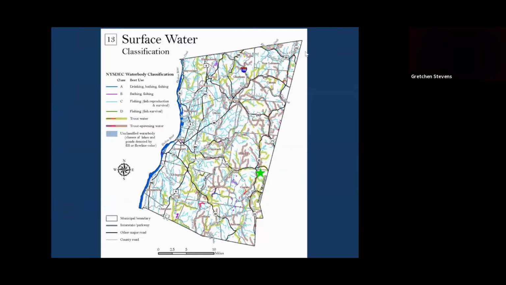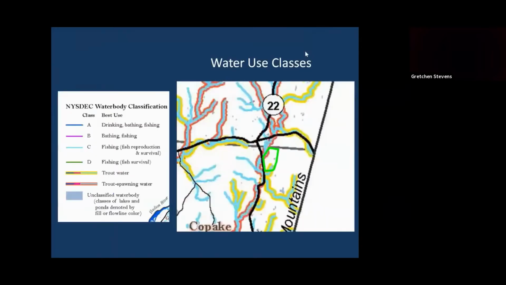This map is one of surface water use classifications, and our study area does appear to have two streams on it. They are both trout streams, according to this map, and one of the streams, the one that runs along the west side of the site, has been identified as potentially good for trout spawning.